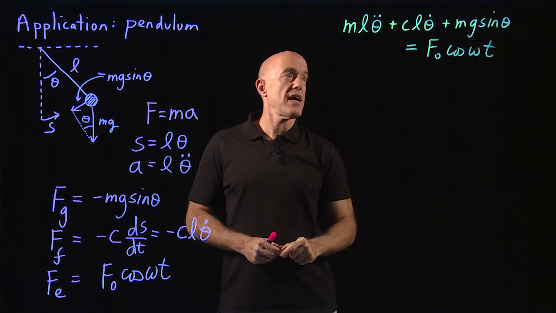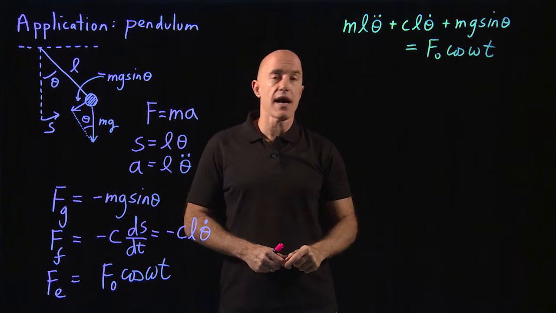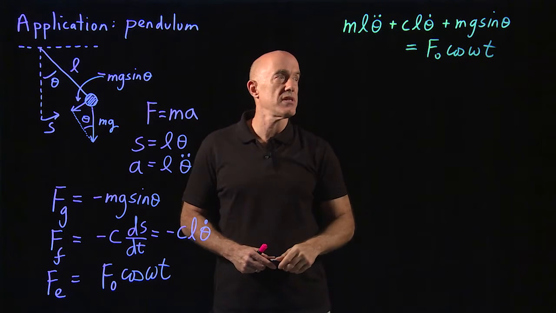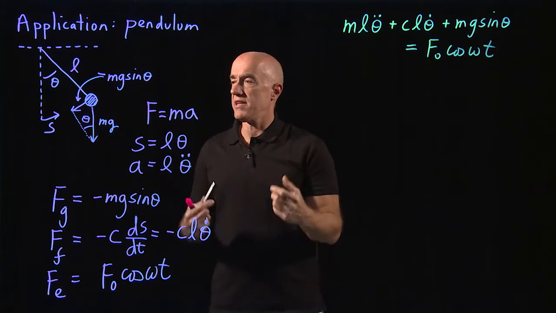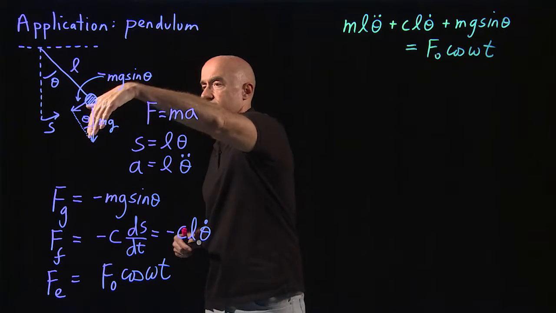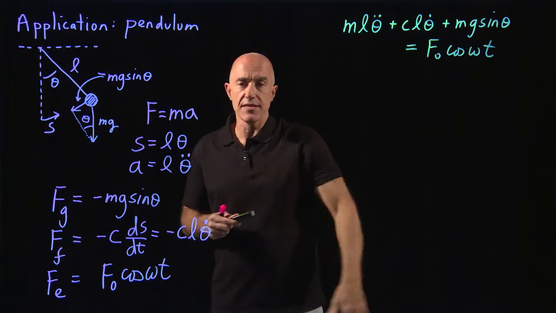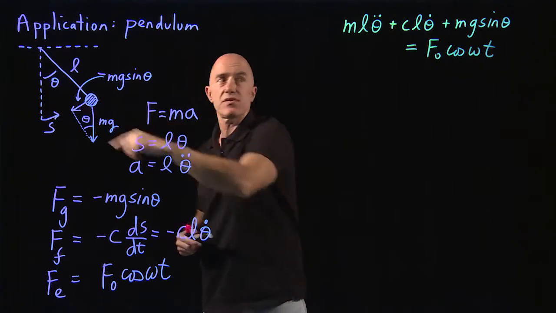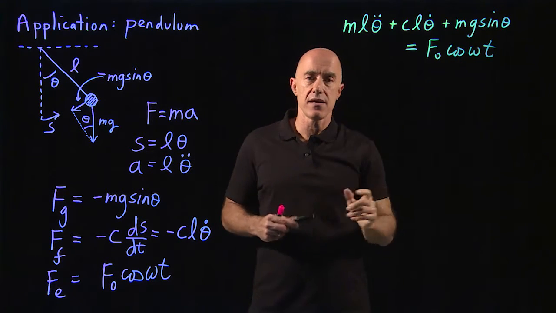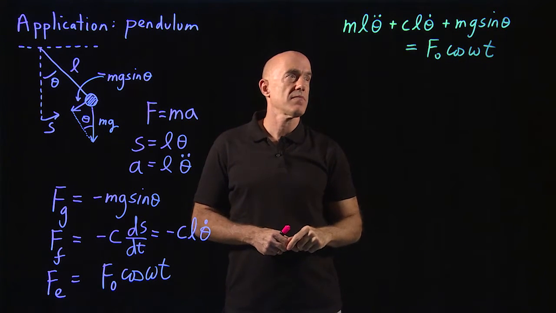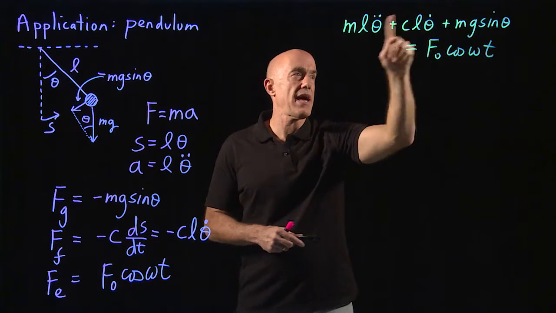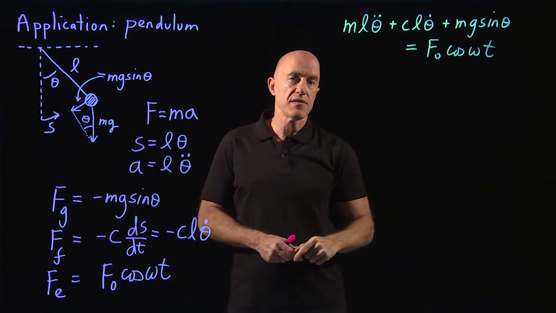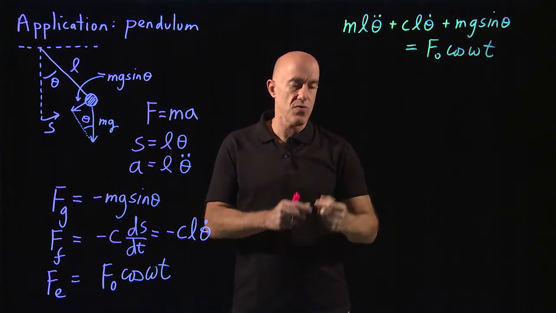Nevertheless, we can go ahead and non-dimensionalize it, just like we non-dimensionalized previously. We can use the idea that if this oscillation is of small amplitude, so theta is small, then sine theta is approximately equal to theta. If we divide through by mL, this term will have a g over L in it. That's supposed to be our omega naught squared.